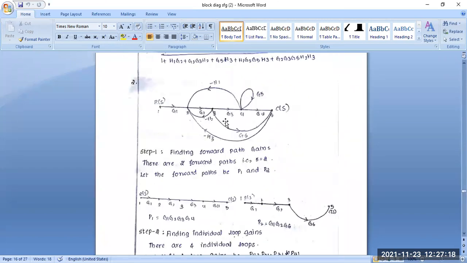Yes, sir. In this class we discussed two broad examples, in which various types of loops are present: non-touching loops, 3 loops, 4 loops. I think this has given you a clear idea of the signal flow graph.